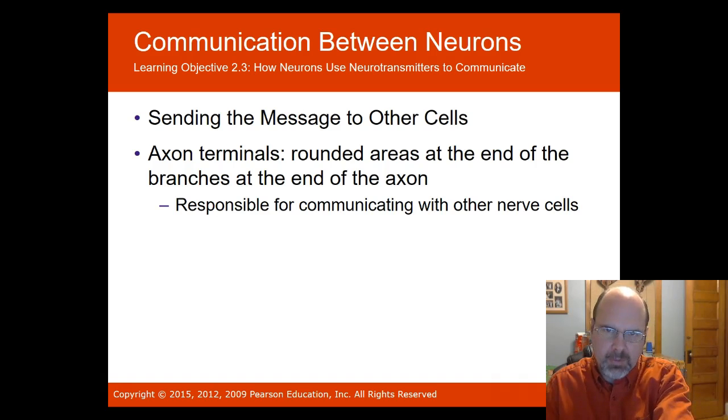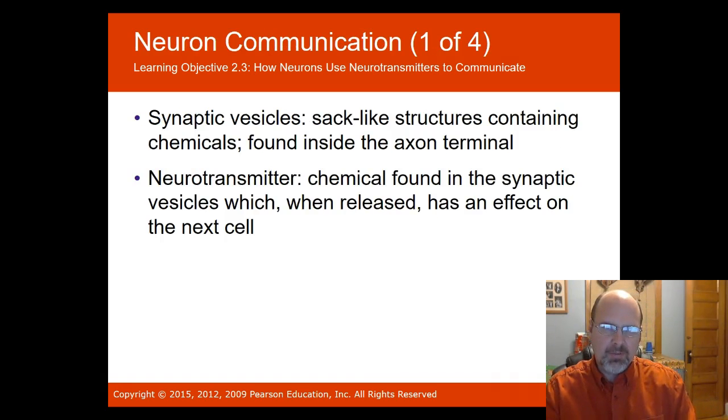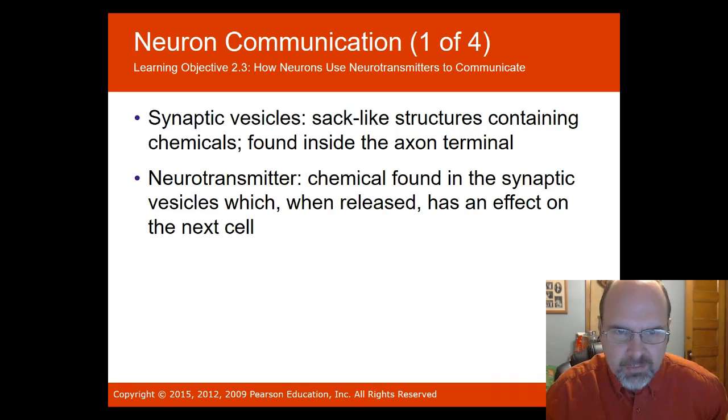Axon terminals are the rounded areas at the end of the branches at the end of the axon. They are responsible for communicating with the other nerve cells. The synaptic vesicles are sac-like structures that contain chemicals found inside the axon terminal. The neurotransmitter is a chemical found in the synaptic vesicles, which when released has an effect on the next cell.